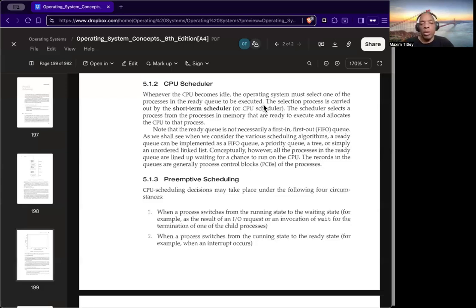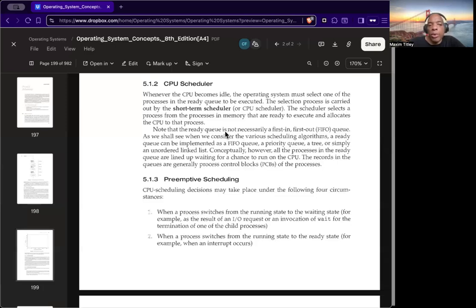They can be either ready or terminated or waiting and so forth. So now you have a short-term scheduler or CPU scheduler which would then pick off some sort of task from that ready queue. And then it tries to assign that task and its associated activities to the CPU.